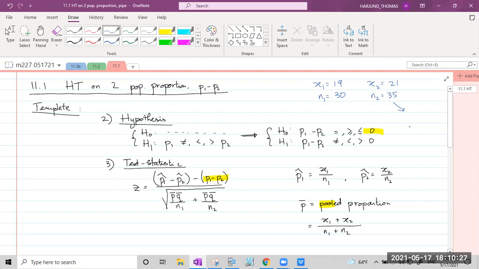So how many students do we have in total, and how many females do we have in total? That's 30 plus 35 students, and 19 plus 21 females. Okay, this is p1 hat, 19 over 30. p2 hat will be 21 over 35. Now p bar, however, is 40 over 65.